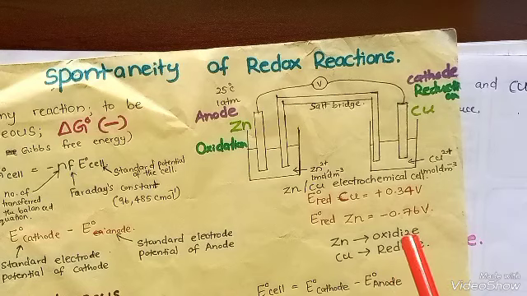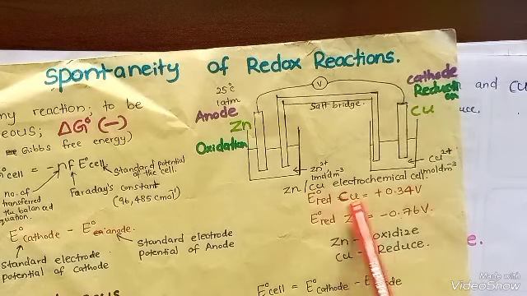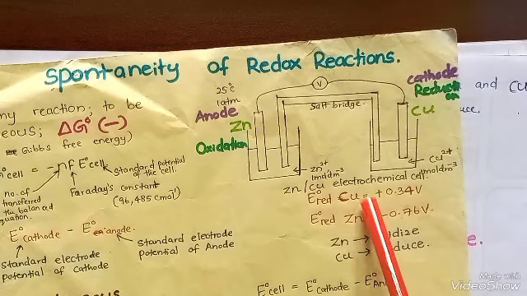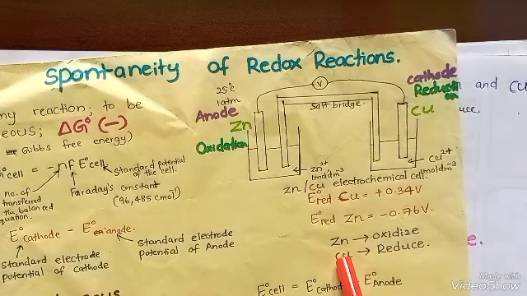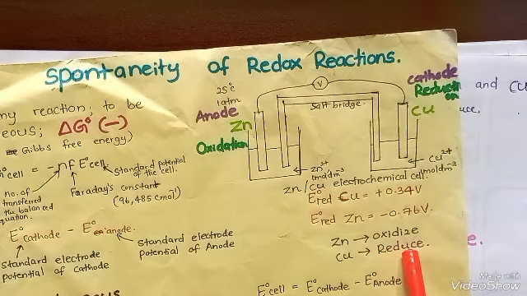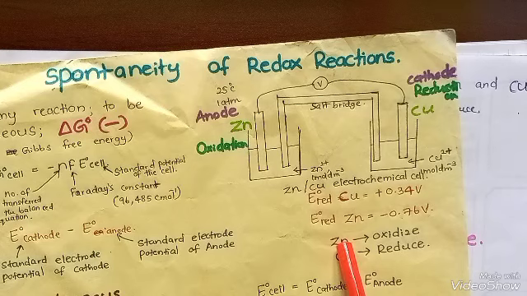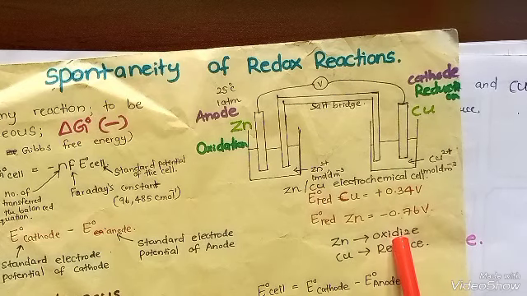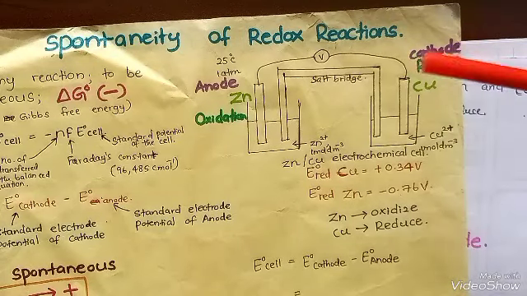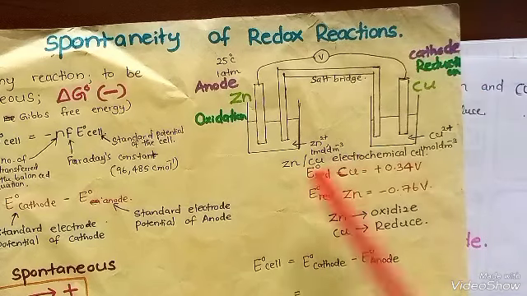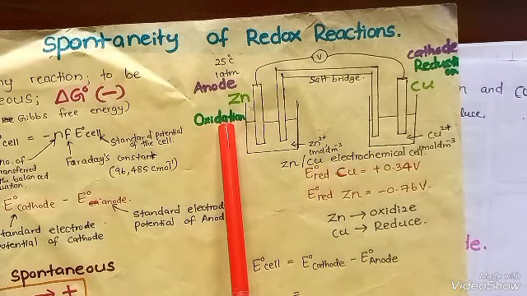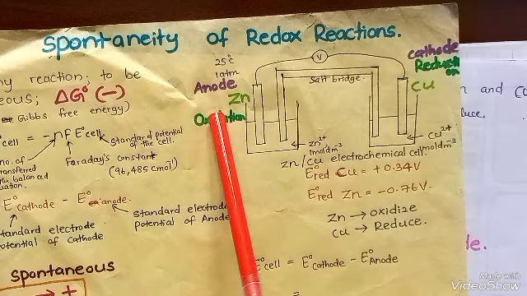As we discussed, the higher the reduction potential, the more the electrode is going to reduce. In this case, copper has the higher reduction potential. Therefore, the copper electrode is going to reduce and the zinc electrode is going to oxidize. The electrode where reduction is happening, we call the cathode, and the electrode where oxidation is happening, we call the anode.